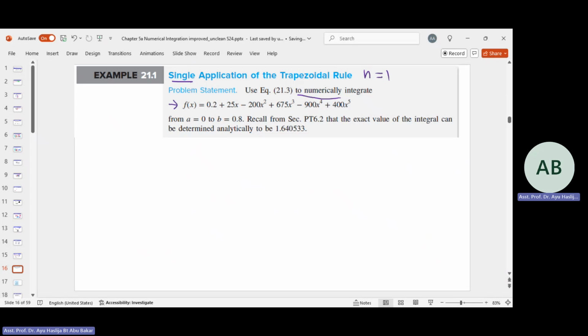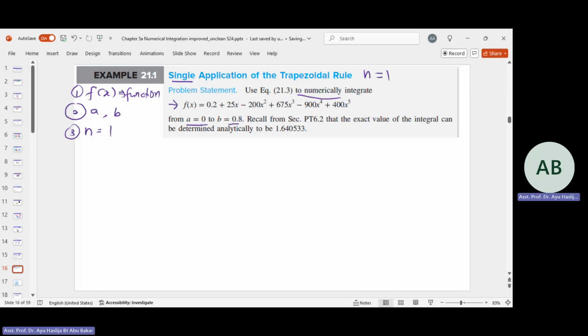In integration, you need to identify what is your f(x), the function that you want to integrate. It is either given by an equation or given in table form, the data form. Then find your range, A and B. And third, what is your N?